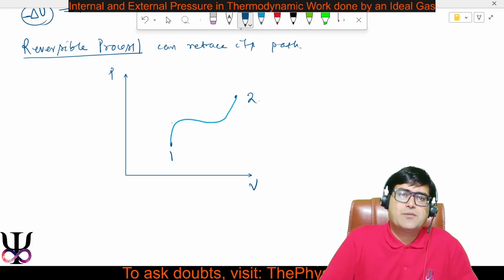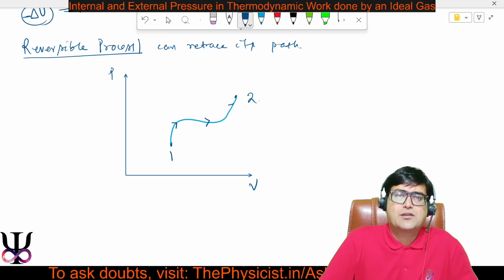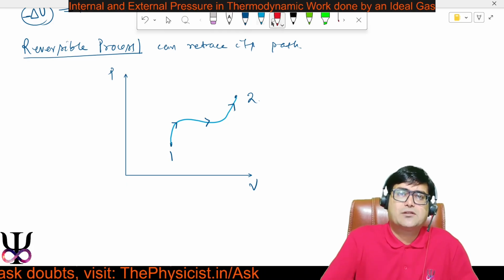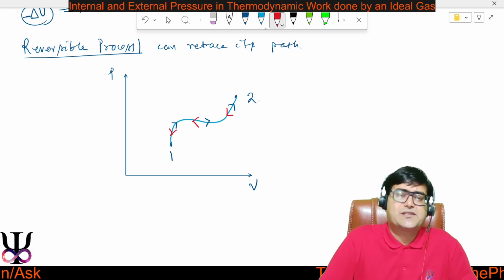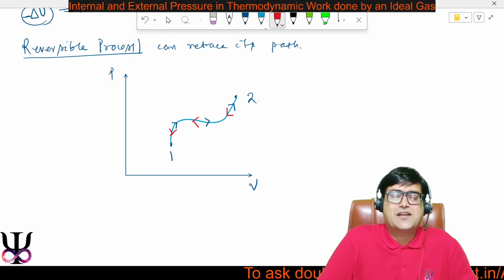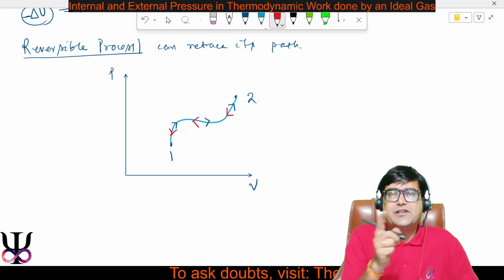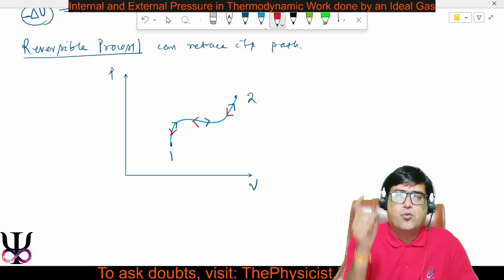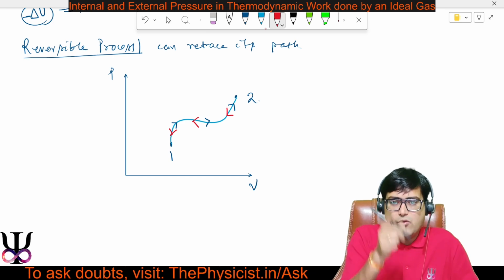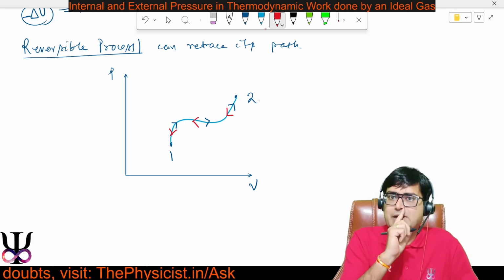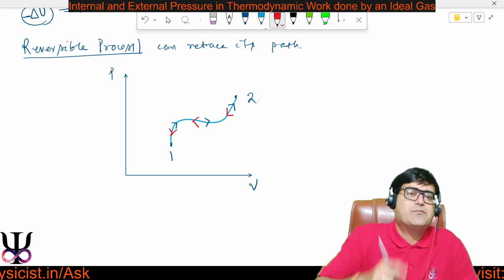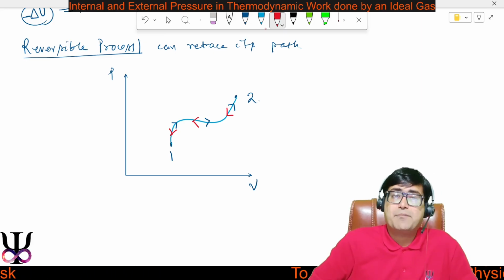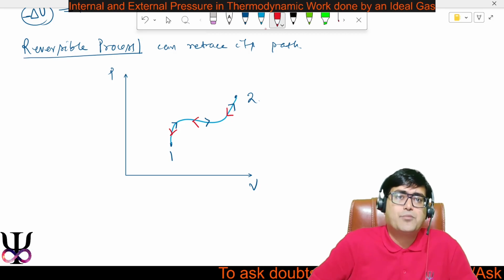So if I follow the path from 1 to 2 like this, then for a reversible process, I must be able to retrace the exact steps. That means at any given instant from left to right, whatever the state is, when I reach that same displacement in the opposite direction, the same state must be attained. If it's a rapid process, it won't be possible.